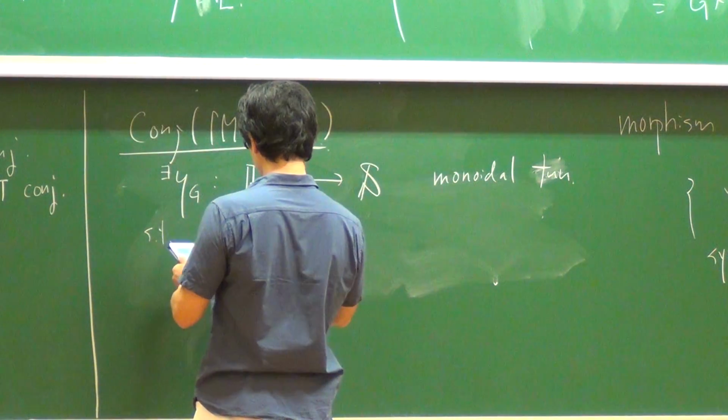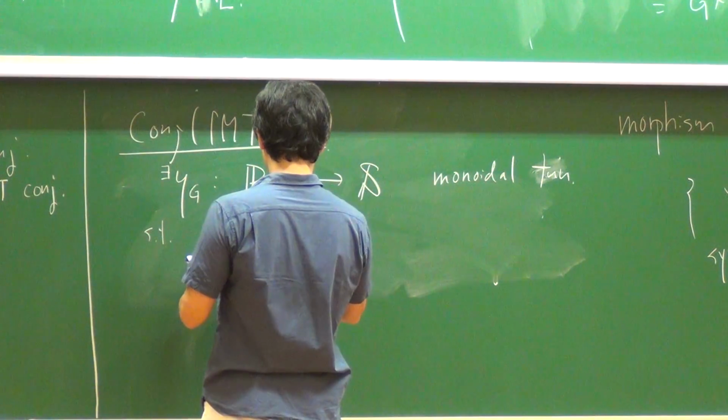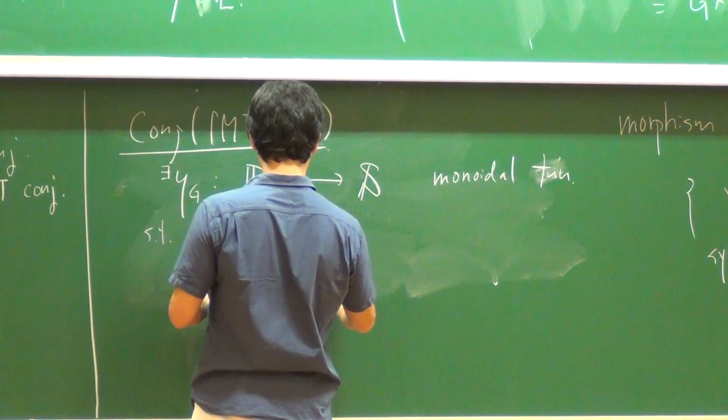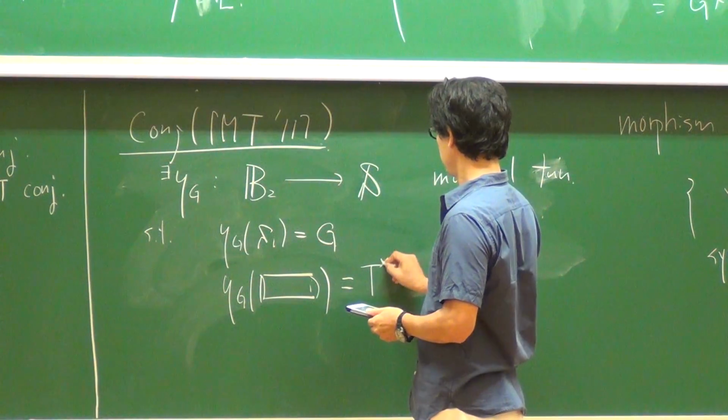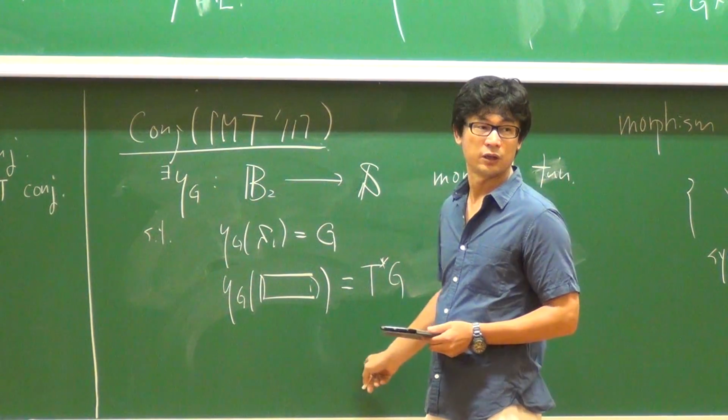And the identity morphism must go to the identity morphism, so it goes to here.